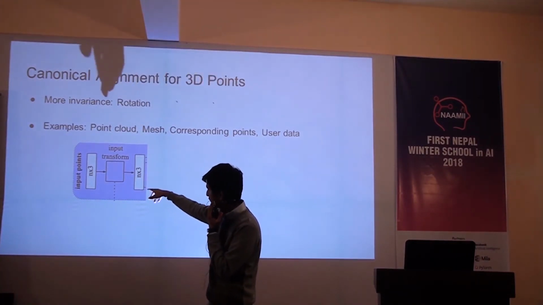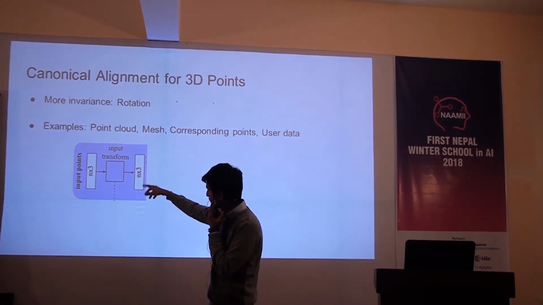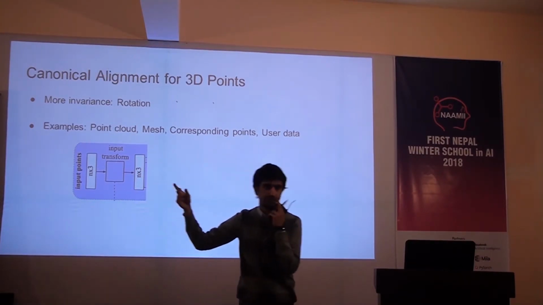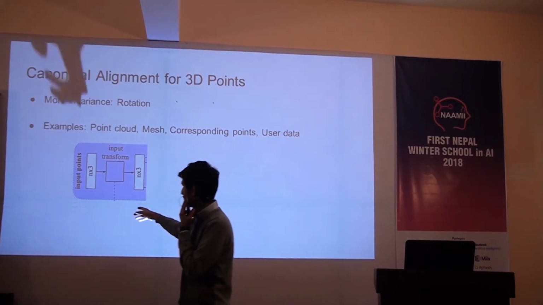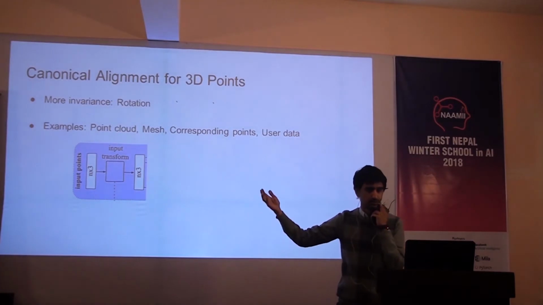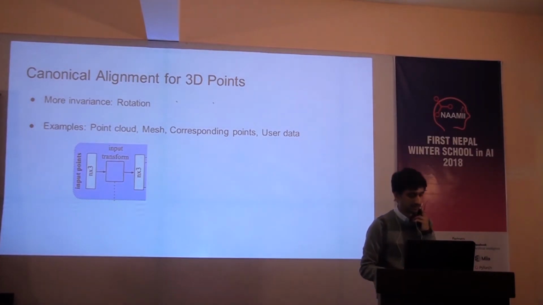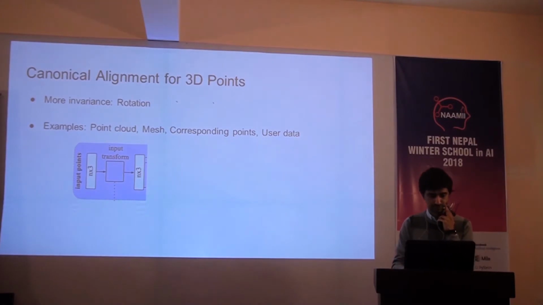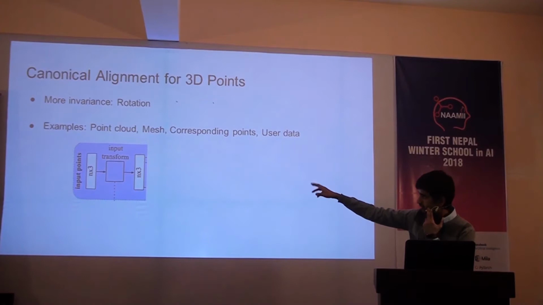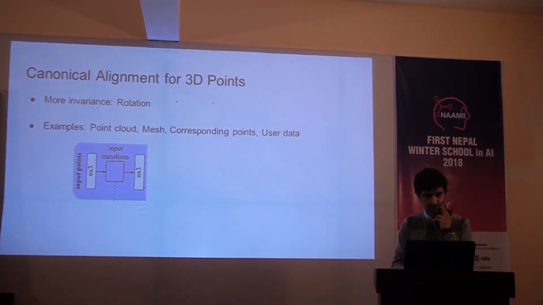And the weights of the rotation, you learn them from the input, right? Your rotation depends on the input. The weights and all these layers will be learned during the training procedure.